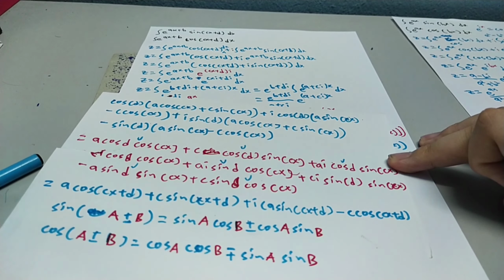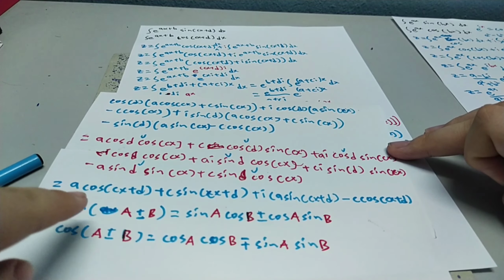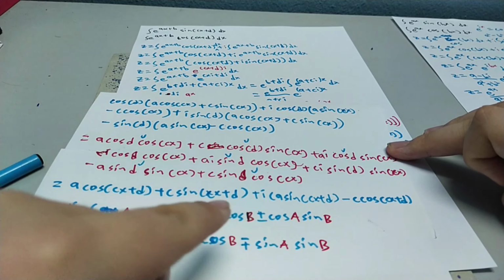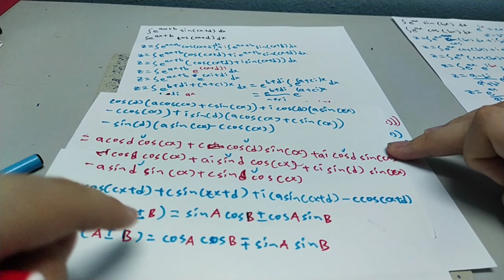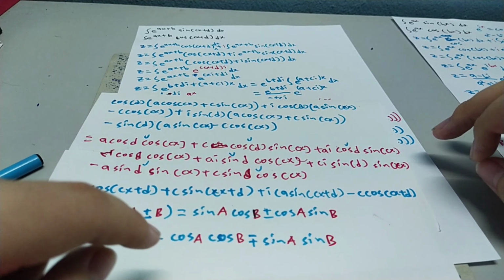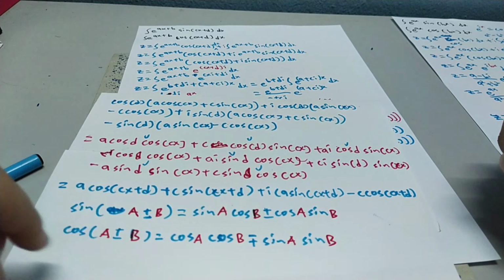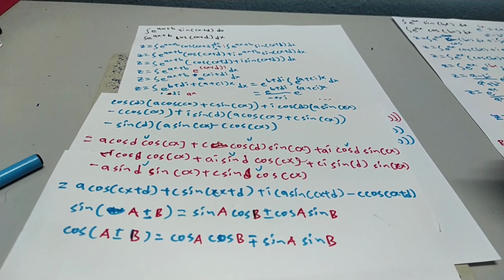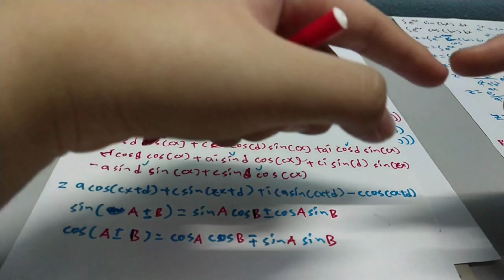But we cannot do it like that, because in order to apply this, we have to make sure it is cosine times cosine first, then sine times sine. But this one is sine times sine minus cosine times cosine. So in order to simplify to become cosine of a plus b, we have to take out the negative, which will exchange the terms.